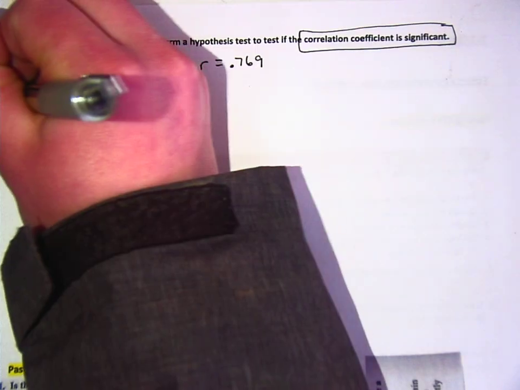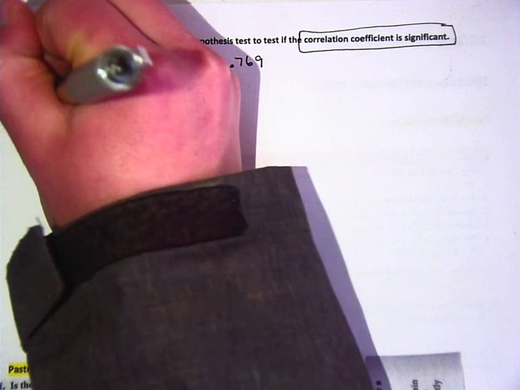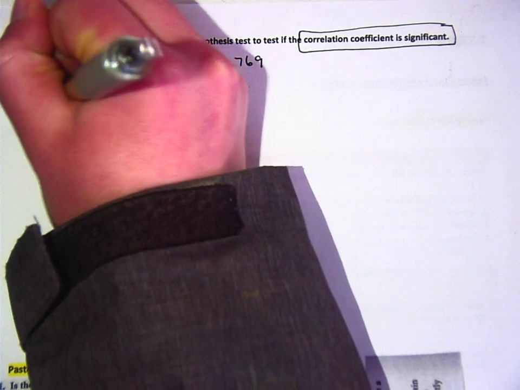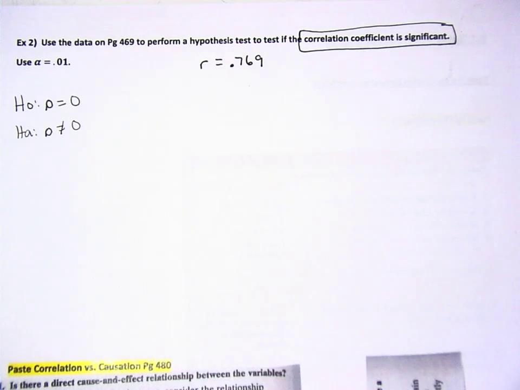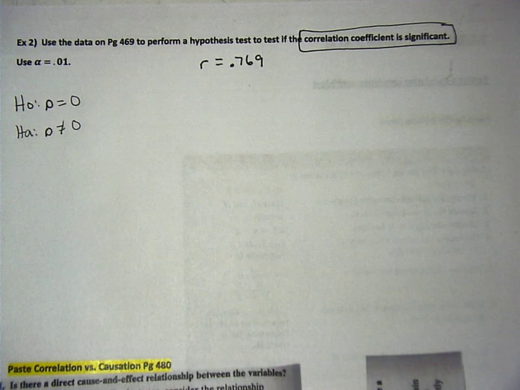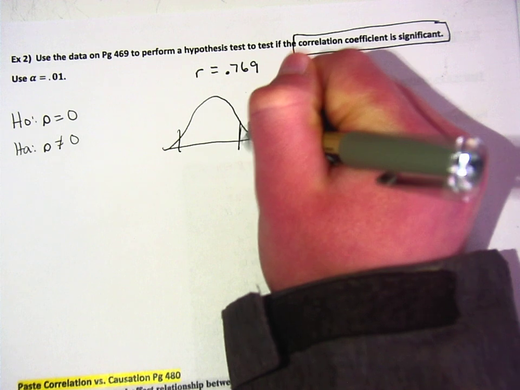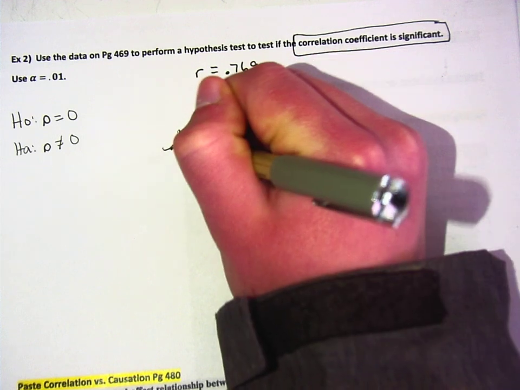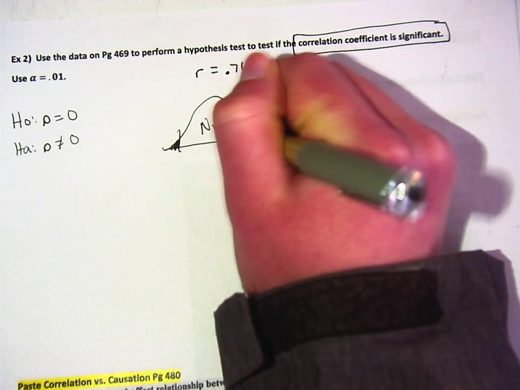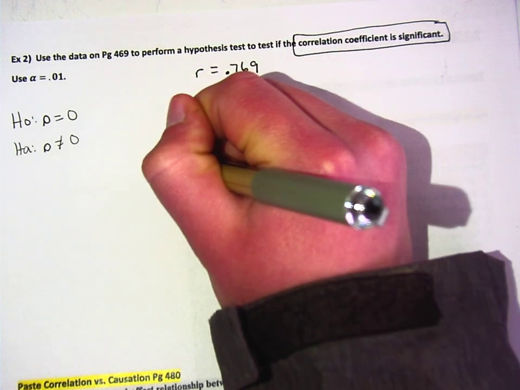First off, we have to find our H0 and HA, which are rho equals 0 and rho does not equal 0. And then, just to make sure we know what's going on, you can make a bell graph. We can then plug our r into the formula, which theoretically we could have found by putting the numbers into the data sets.